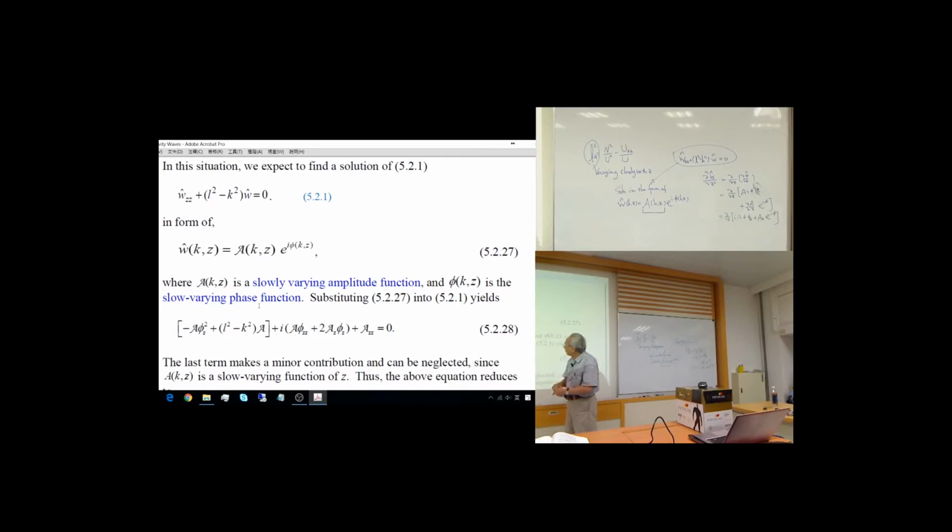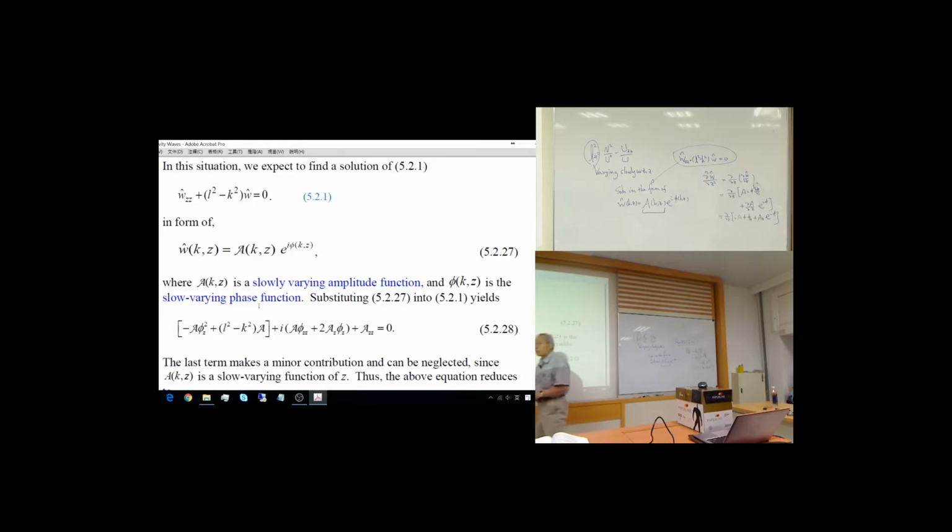Okay, we assume the variation of phi is very small, or variation of L is very small, and that gives you variation of phi very small, variation of A very small with height.